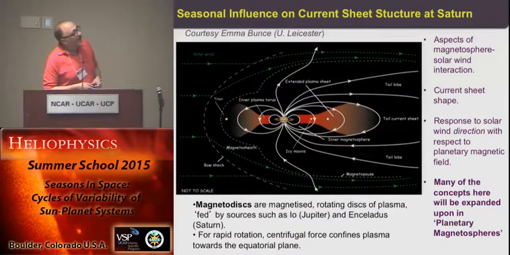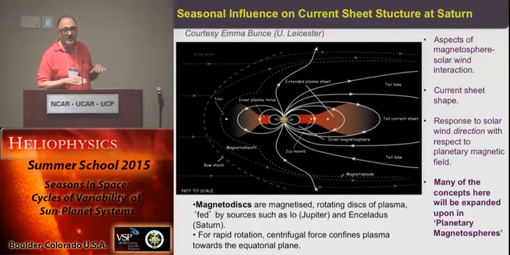So in this diagram here, the particular feature of interest that I want to draw your attention to, this is Saturn in the middle of the diagram here, and it's surrounded by a disk of plasma. And this disk is confined generally towards the equatorial regions of the system.